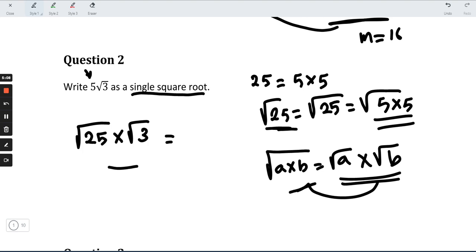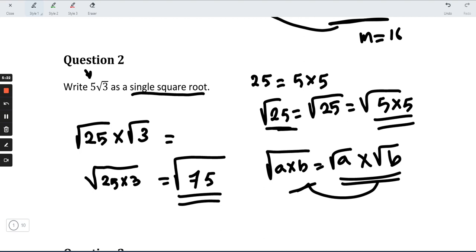So here we'll have under the square root 25 times 3, which is equal to the square root of 75. So we rewrite 5 square root 3 as a single square root.